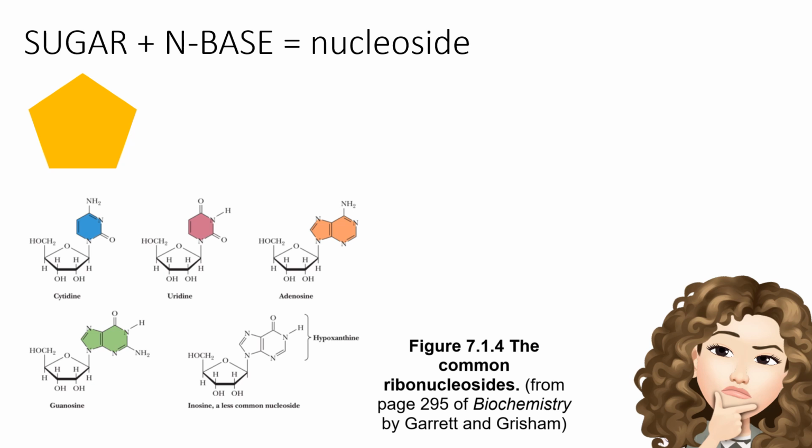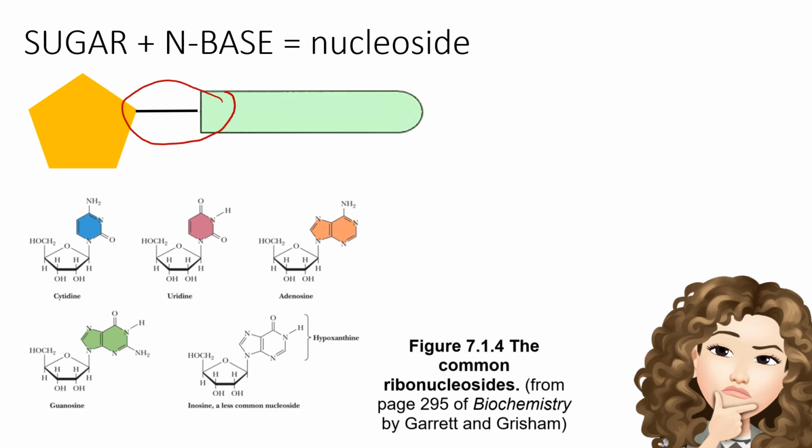So your sugar plus your nitrogenous base will form the nucleoside. This linkage is via a glycosidic bond, which is always at the beta configuration. So in the examples below, you will see that cytosine plus what sugar is this?